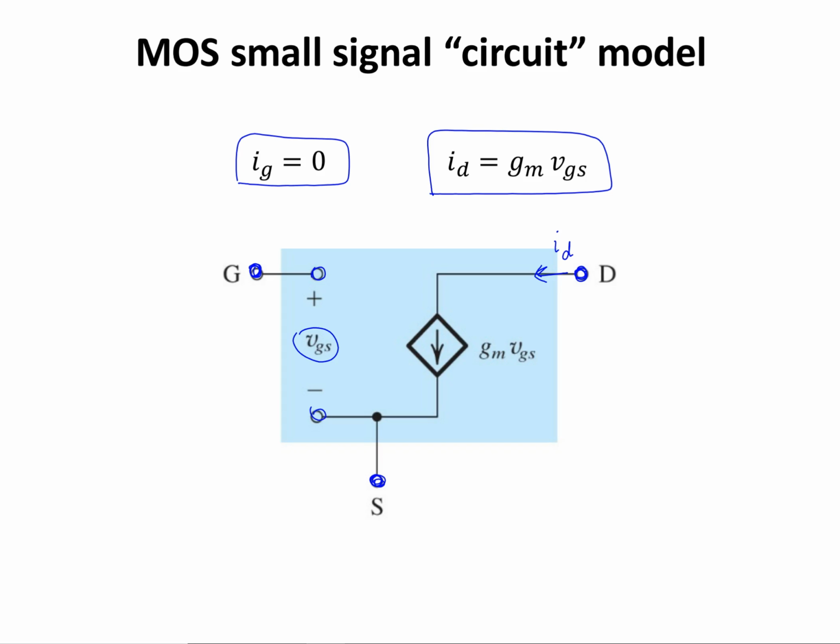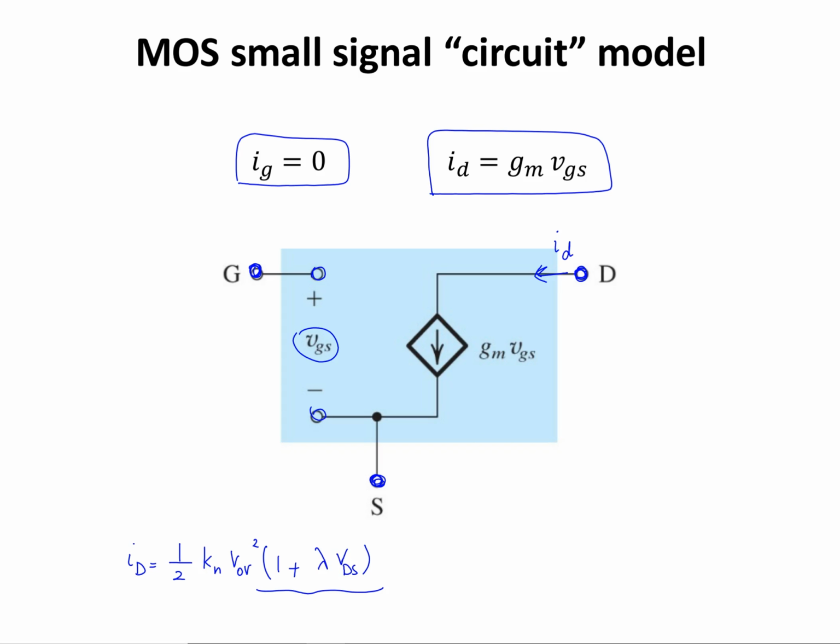So I had ID equals 1 over 2 Kn times the overdrive voltage to the power of 2, multiplied by 1 plus lambda times VDS, and I use this term in the parentheses to model the effect of channel length modulation.